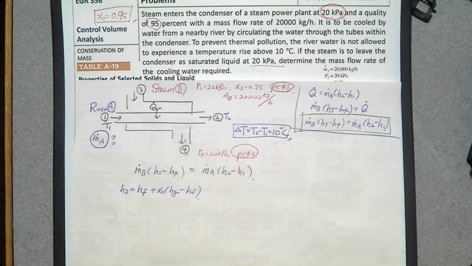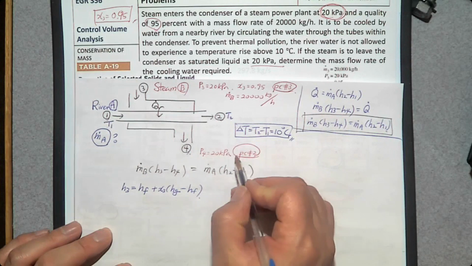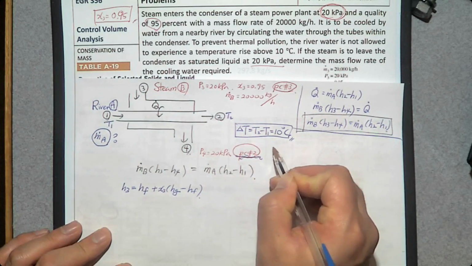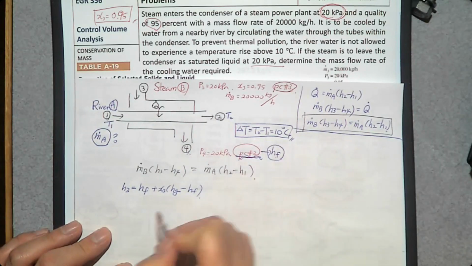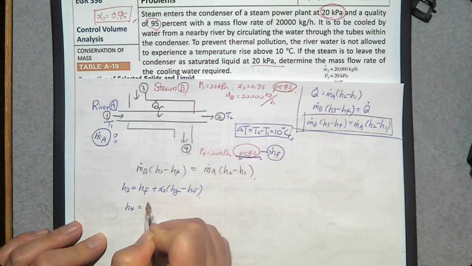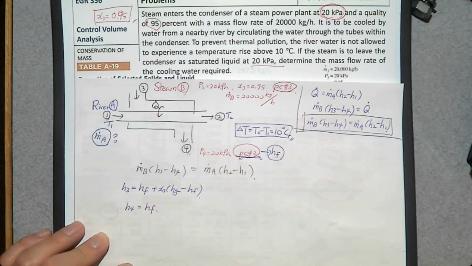When you have saturated liquid, how do you determine its property? Directly from the property table. So h of saturated liquid is going to be just hf. So h4 is going to be hf.